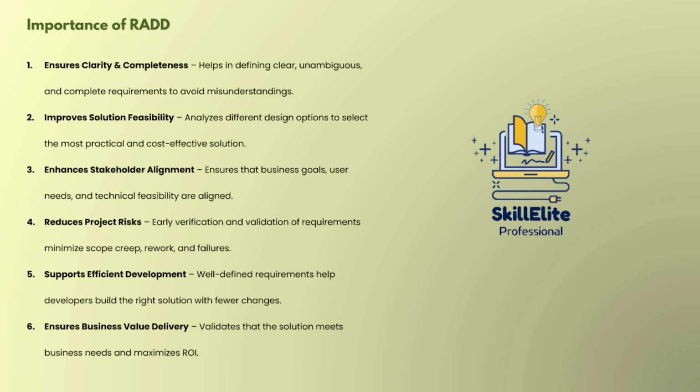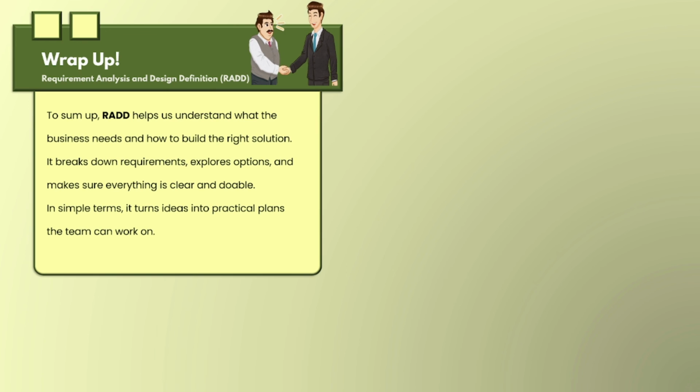Now let's conclude this topic. To sum up, RAD helps us understand what the business needs and how to build the right solution. It breaks down requirements, explores options, and makes sure everything is clear and doable. In simple terms, it turns ideas into practical plans the team can work on.